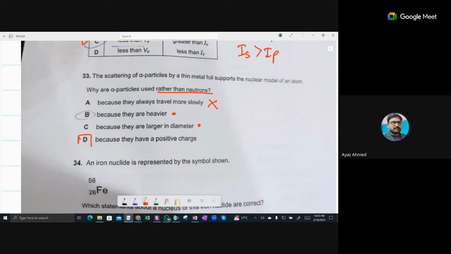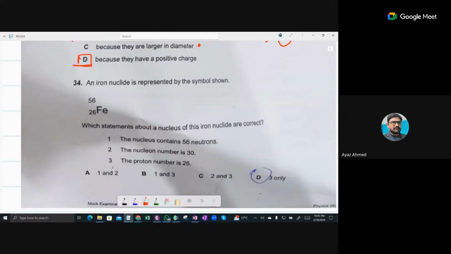This is the right option. If it were neutrons, you could not detect whether the nucleus has a positive charge or not. If you throw any uncharged particle, it would never be deflected, whatever the charge on the nucleus is, so you would not be able to deduce whether your nucleus is charged. Got it?